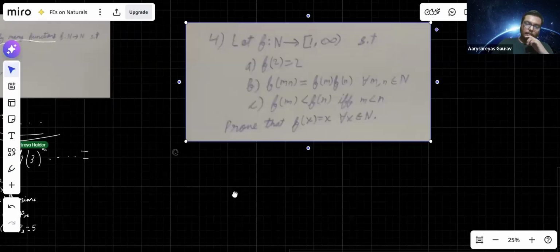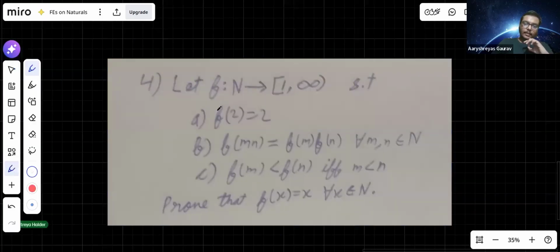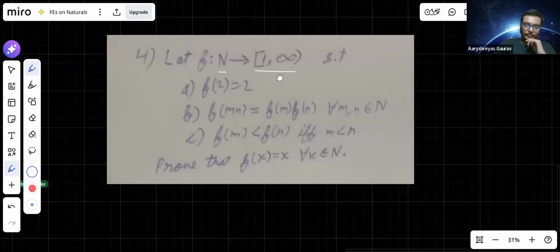So the interesting fact about the fourth problem is that now we are working on a function that goes from natural numbers to a subset of reals. You can see that in the problem.